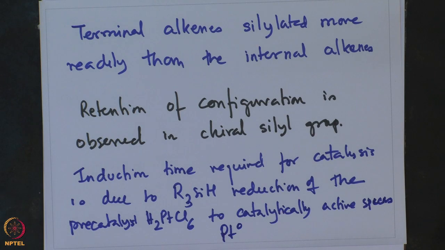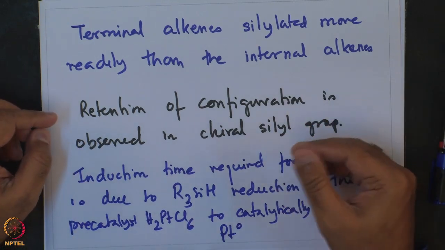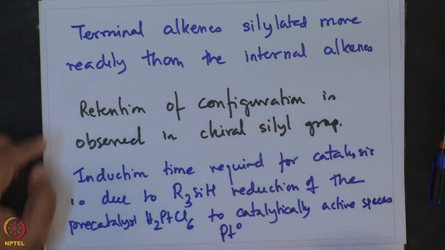So, this is an interesting observation that this hydrosilylation using Speier catalyst, H2PtCl6 6H2O, does not really initiate right from the start.